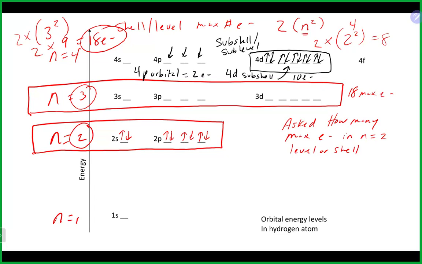If I reworded the question and asked how many electrons in a 4p subshell, that would be 6, because the 4p subshell would be all of them together. So no matter what, if it just says orbital, the max is 2, doesn't matter what the letter is. If it's multiples, then it's going to be worded like a subshell or sublevel. Any questions on that there?